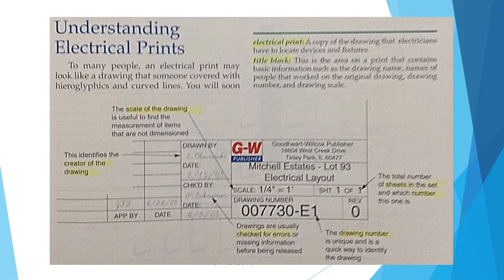Understanding electrical prints. To many people, an electrical print may look like a drawing that someone covered with hieroglyphics and curved lines. You will soon see the circuits, devices, and wiring that are represented in a well-made electrical print. Basic print components. Before focusing on the specifics of a print, there are some basic components that you will need to understand.